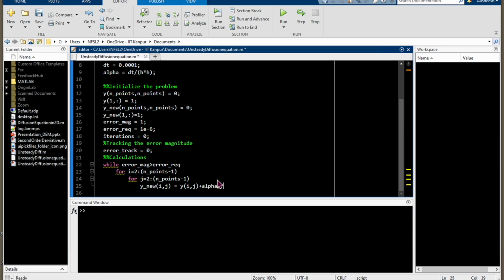Then we will multiply it by each and every element of that matrix. That's why I am writing it in this way. And this comes as y i minus 1 comma j. This is my first neighboring point. There are 4 neighboring points, so I will write all of them.